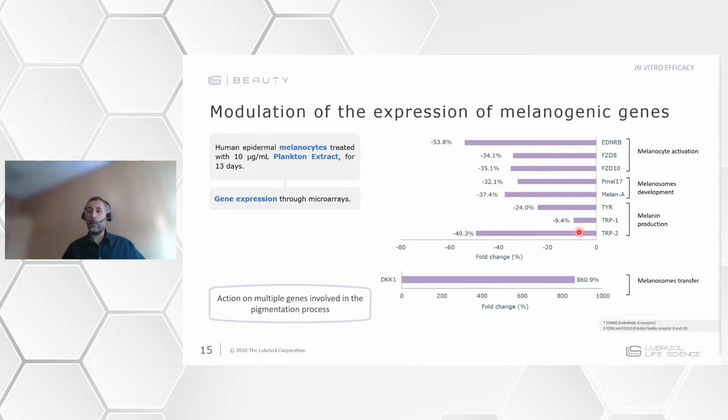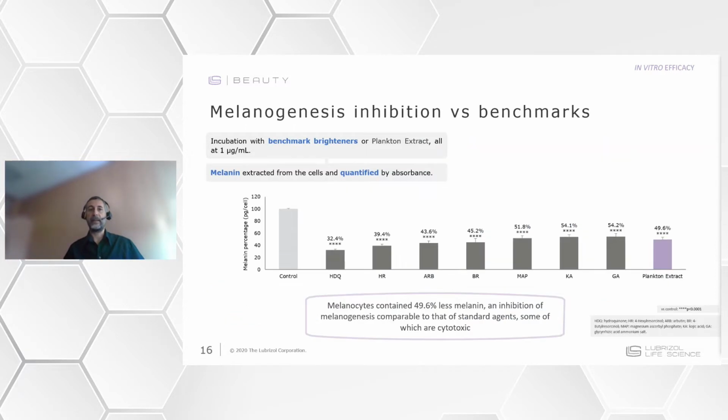On the other side, we have seen an upregulation of DKK1 that, if you remember, is directly related with the phagocytosis. So if we increase DKK1, the transfer from melanosomes to keratinocytes will be decreased. So with only one ingredient, we are affecting all the different steps in the melanogenic process.